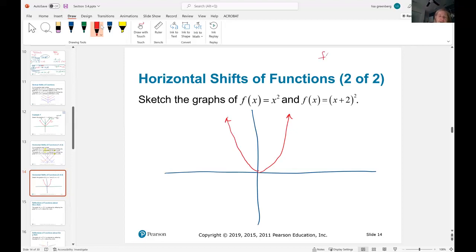So here c is negative 2, which means it's going to shift to the left 2. And this is horizontal, and you can tell because it's inside the function. So it's literally just going to do something like this, okay?